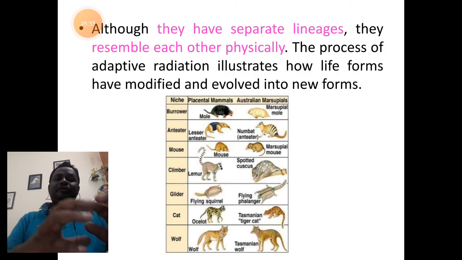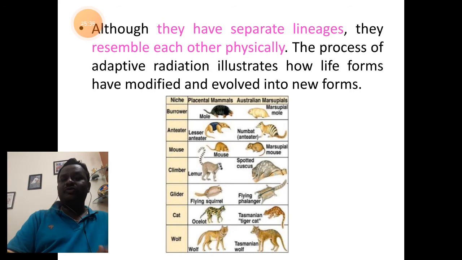So it forms different kinds of characters which are slightly modified, but maximum will show similarity in them. So this is also an example of adaptive radiation.